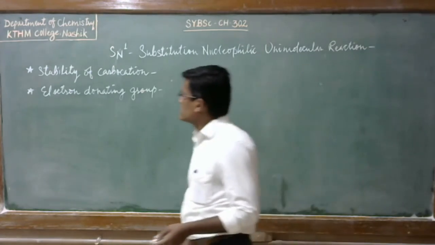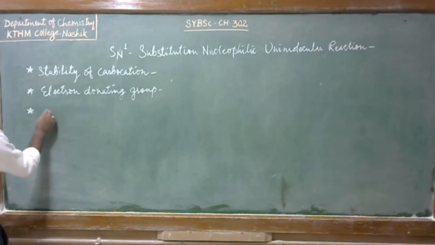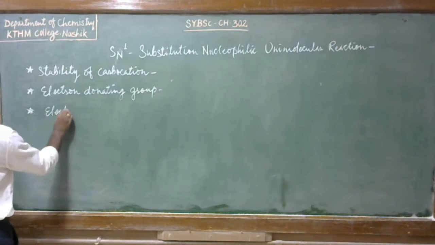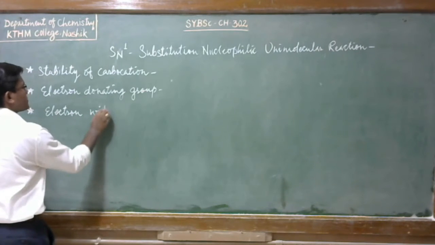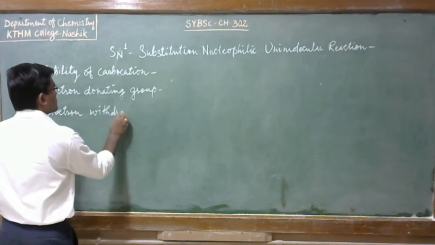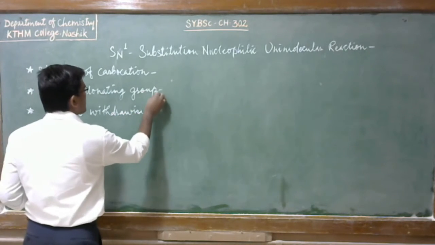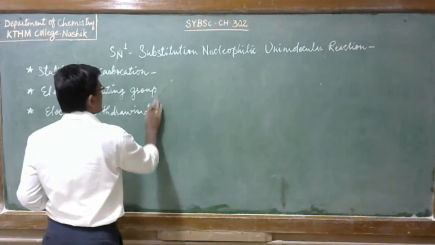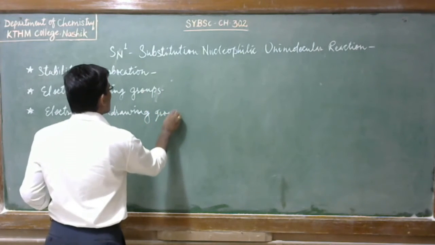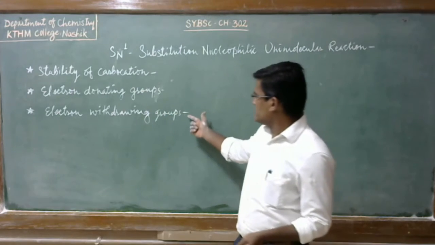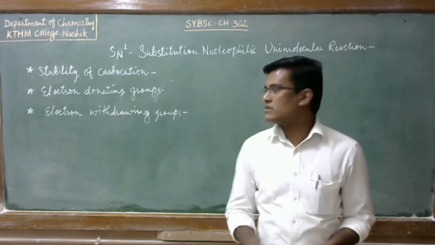So the third factor is electron withdrawing groups. They reduce the rate of the SN1 reaction.